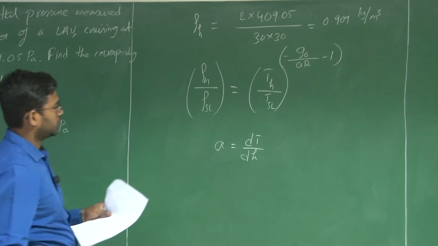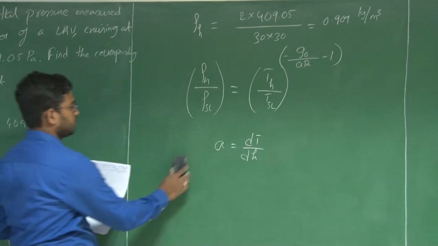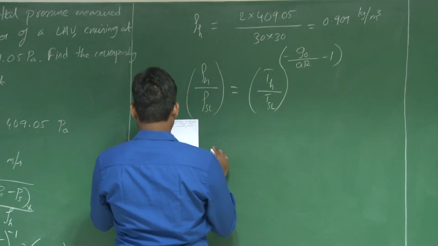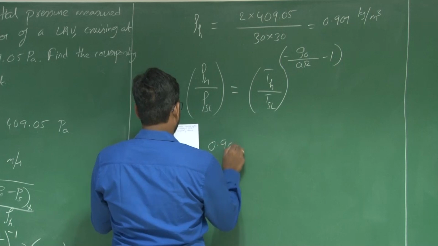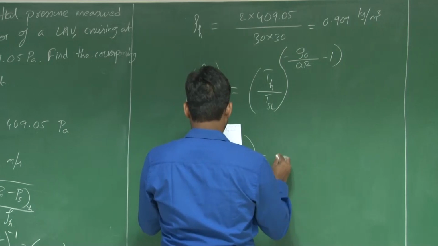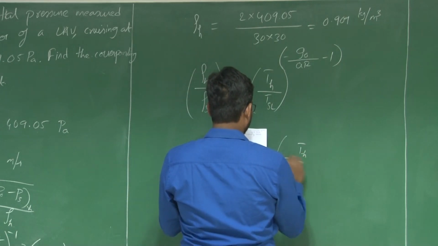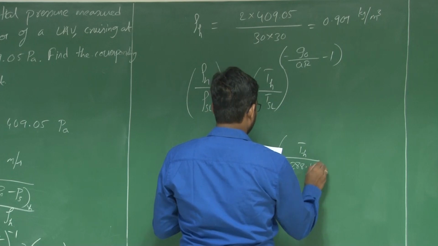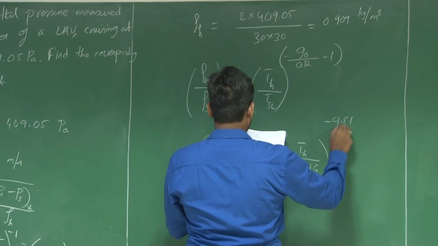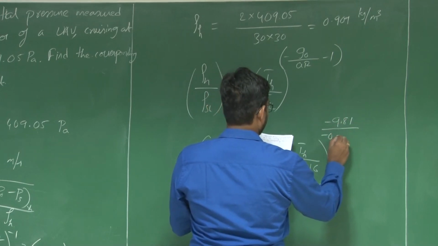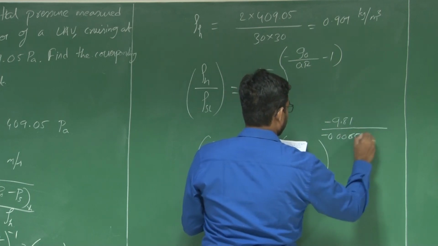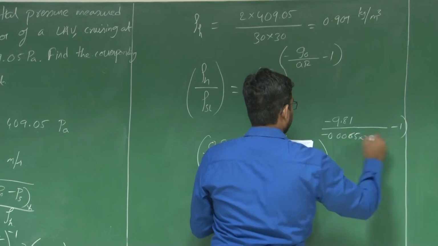So 0.909 divided by 1.225 is equal to the temperature ratio raised to minus 9.81 by minus 0.0065 into 287 minus 1.